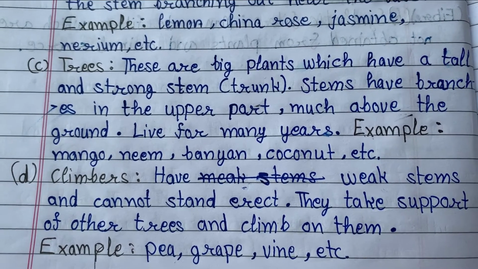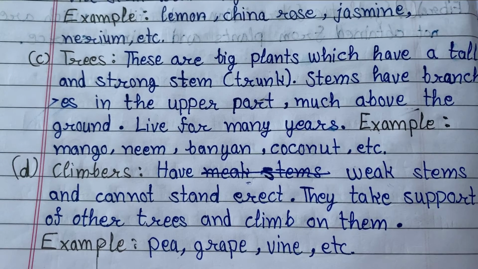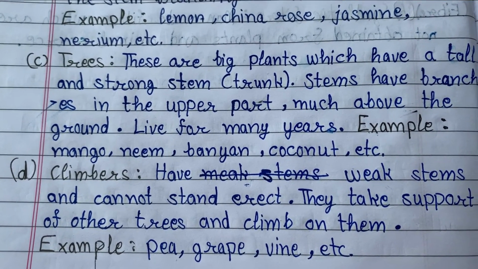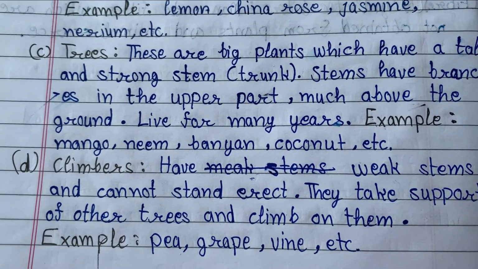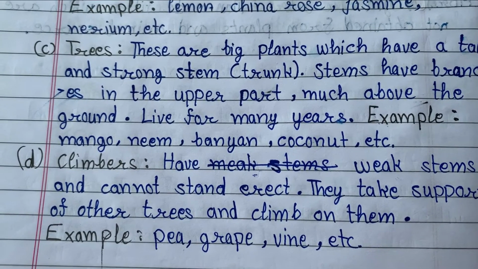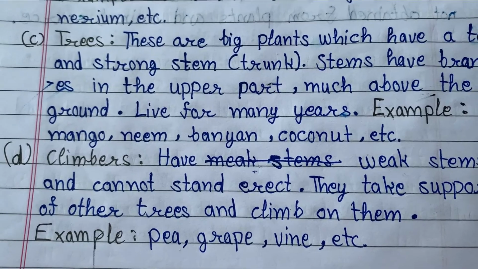Climbers are the plants which have very weak stems and cannot stand on their own. So what do they choose? They choose other big plants to climb on and then stay there. Examples of such plants are pea, grapes, etc.